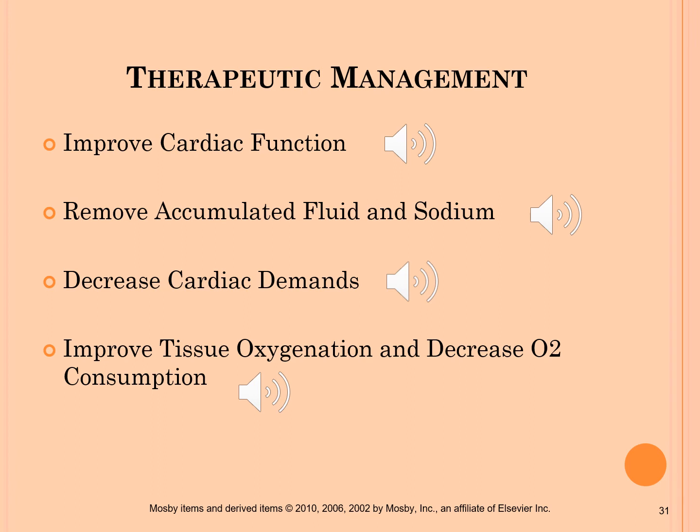Remember, these kids who have congenital heart defects or are getting into congestive heart failure are not going to sit in the middle to upper 90s. It may be okay for them to sit in the upper 80s or sometimes the low 80s. It just depends on what the physician writes for that child. So we keep their O2 sats greater than what the physician has ordered, which may mean they need supplemental O2.